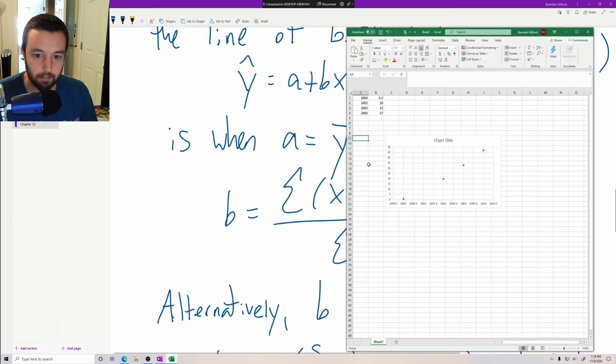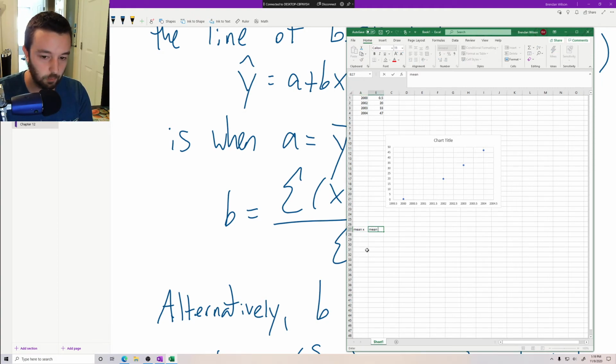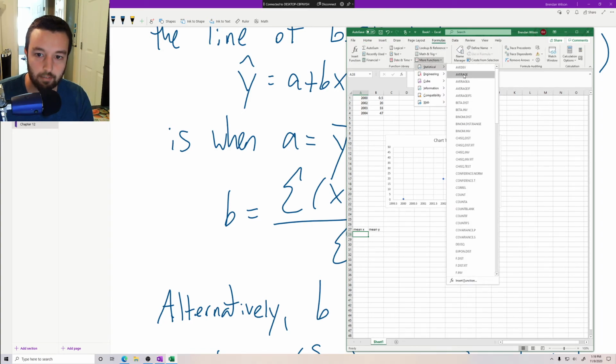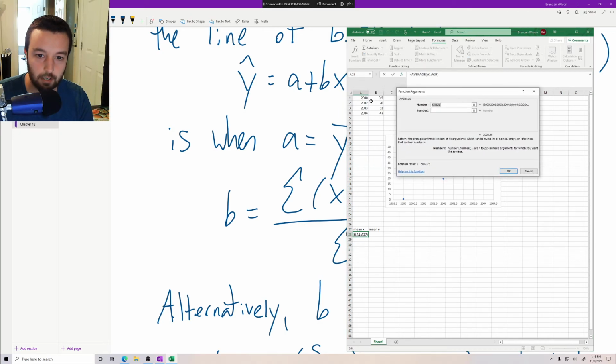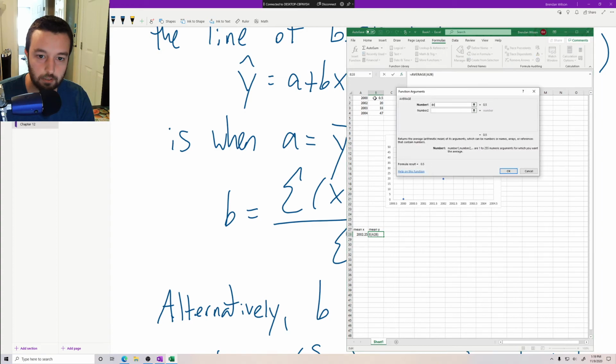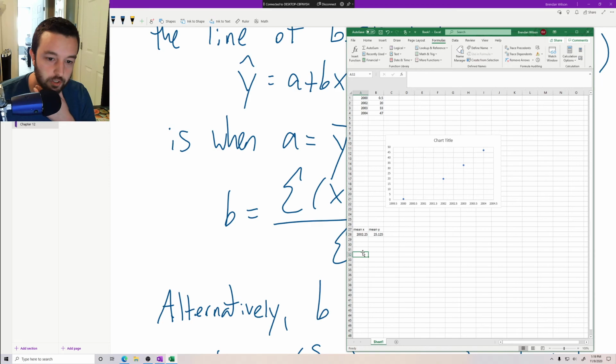Okay. So I'll just do it down here, I guess. Mean X, mean Y. So we're going to go to formulas, stats, average. The X's are these ones. Okay, so we get 2000.25. The mean of the Y's, we got 25.125.